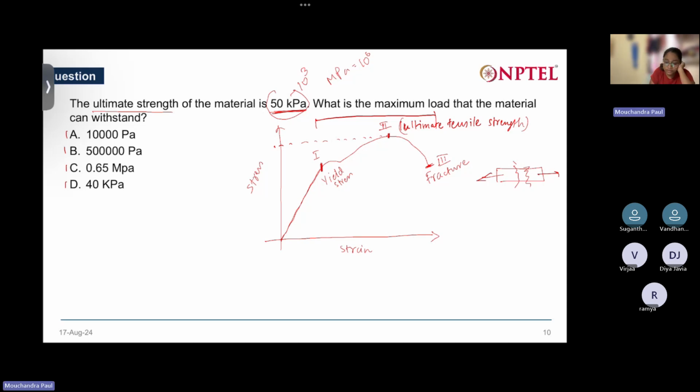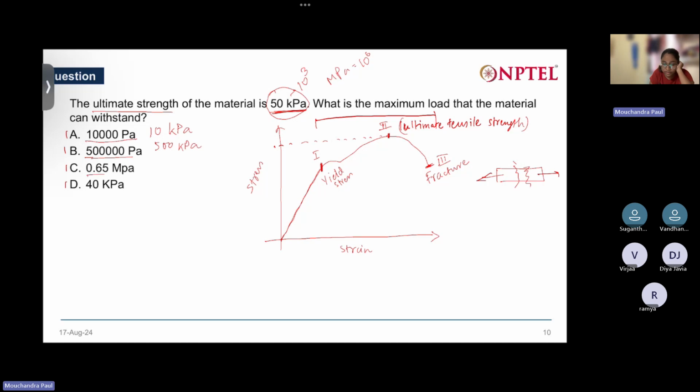This is 10,000 pascal, meaning 10 kilopascal. All right. This is 5 lakh pascal. So if we were to convert it into kilopascal, it will correspond to 500 kilopascal.